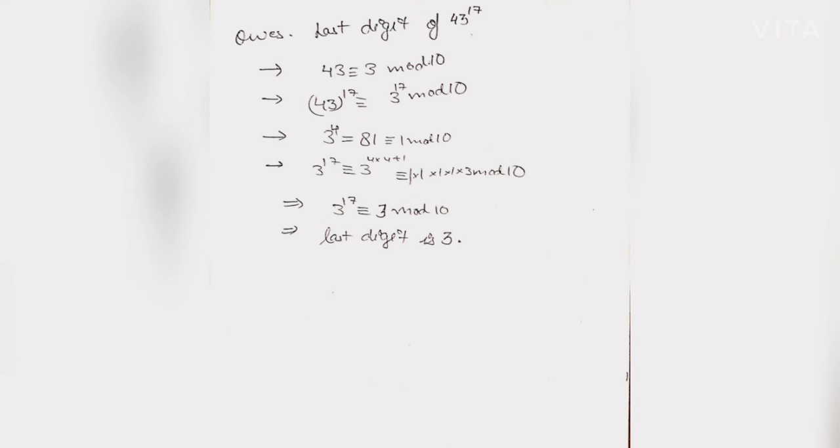So when 3 raised to the power 4, whole raised to the power 4, is divided by 10, the remainder will also be 1 by Euler's function. And so the only thing left is 3. So 3 will be the remainder when 3 raised to the power 17 is divided by 10, and it is the last digit of the main expression as well, which is 43 raised to the power 17.